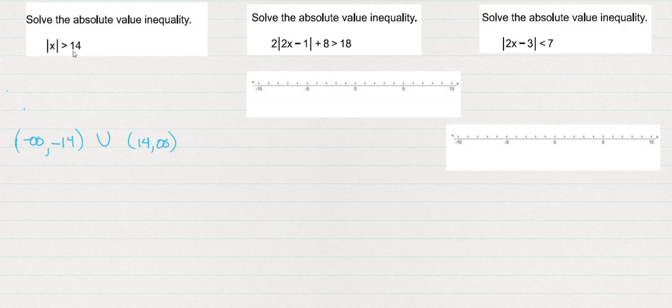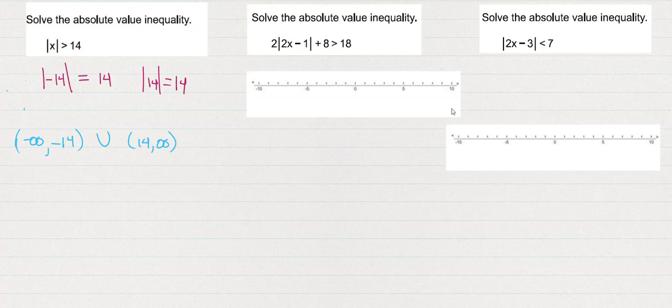So that'd be anything from way off to the left at negative infinity up to negative 14, because the absolute value of negative 14 would equal 14, so we want anything to the left of that, or the absolute value of 14 is also equal to 14, so we could go from 14 to positive infinity.